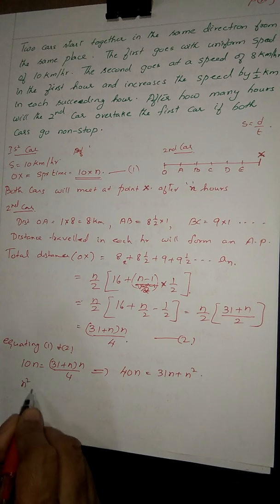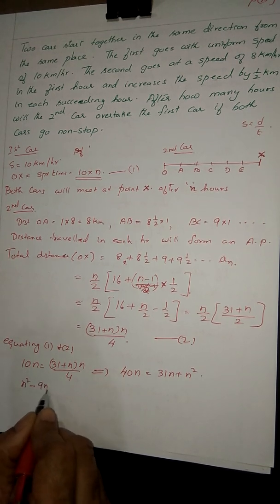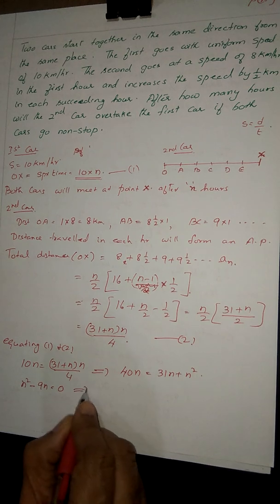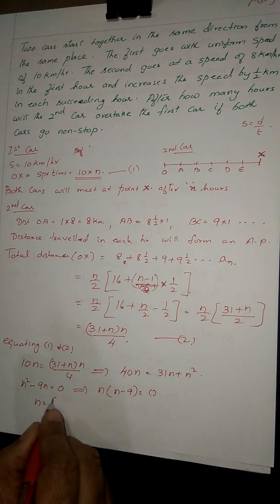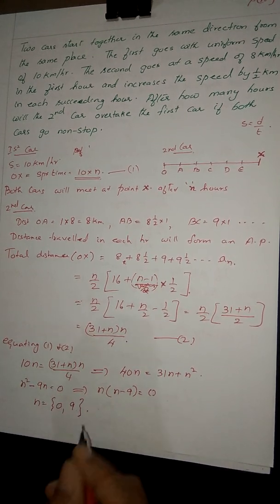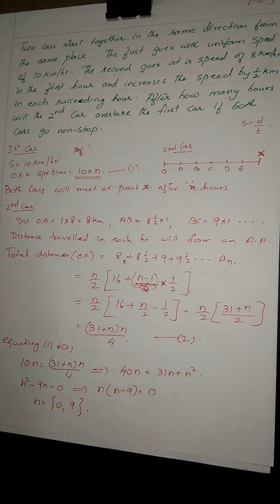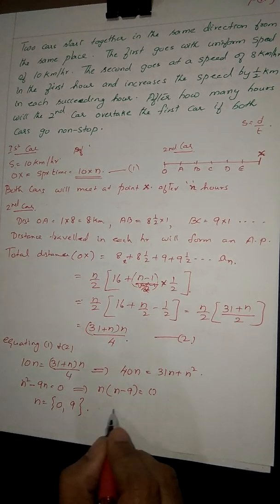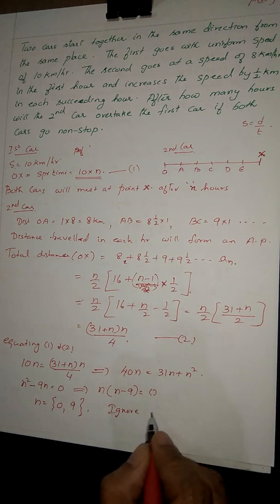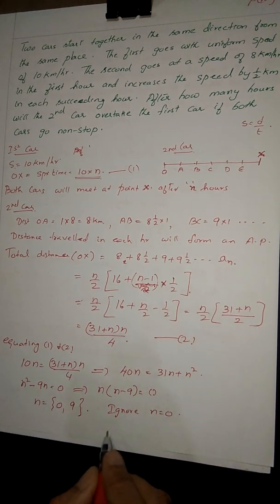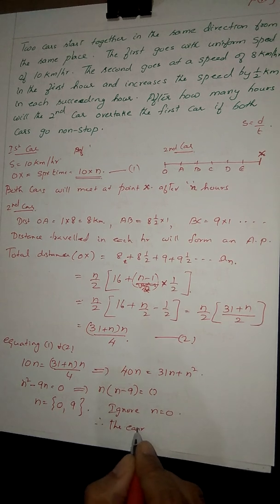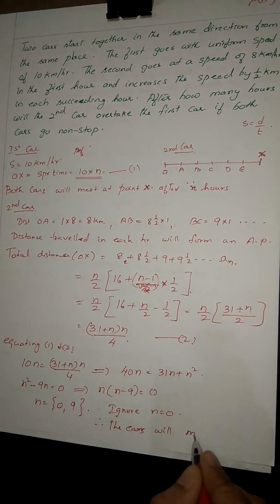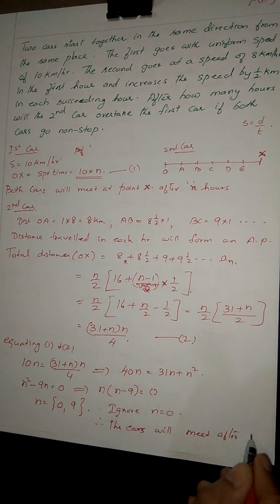So you get n squared minus 9n is equal to 0, n into n minus 9 is equal to 0. So n is equal to 0 or 9. n cannot be 0. So both the cars will meet after 9 hours.